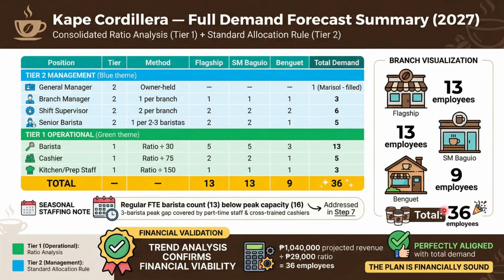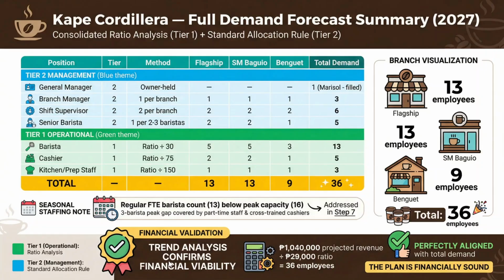Hindi pala pare-pareho ang kailangan na empleyado per branch. And nasagot natin yan kanina kung bakit hindi sila pare-pareho because they don't have the same projection on number of customers to serve daily. Okay? Alright, so that's the full demand forecast.